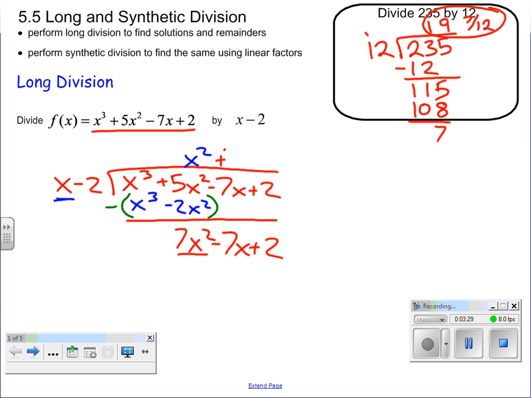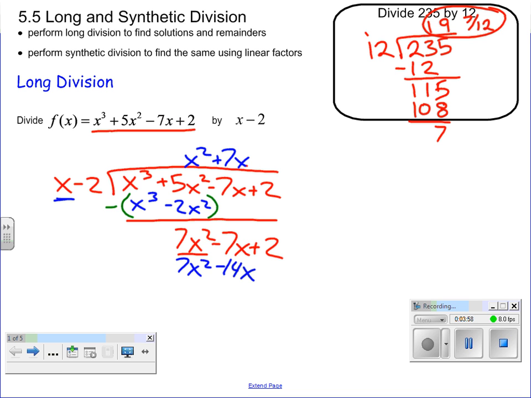So plus 7x. And I'll now multiply. Actually, let me just redo this in blue, just to keep consistent here. So it goes in there 7x times. And you multiply. 7x times negative 2 is negative 14x. 7x times x is 7x squared.